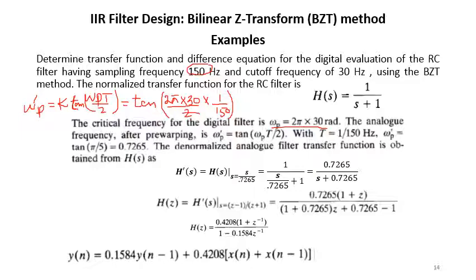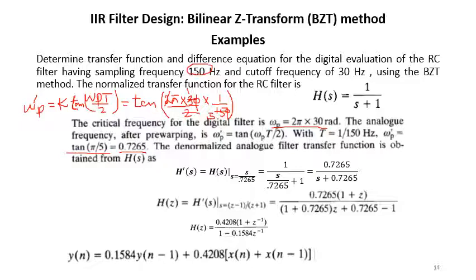On simplification, we get something like this. The 0 cancels, 3 ones are and 5 are. So we get pi by 5. So tangent of pi by 5 will result in 0.7265.